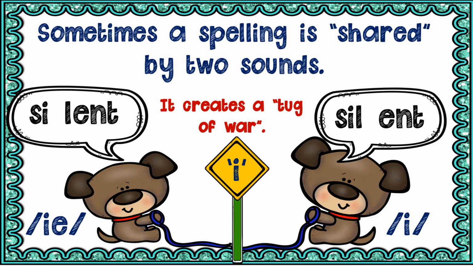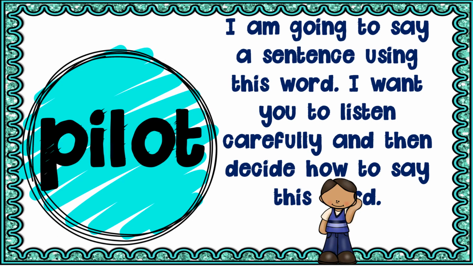Now, we've done this before where, like, look at the first sound in silent. Now, you can see the two different ways you could do this. Now, this is how we determine which one wins that tug of war. So this is how we figure out if it's a long or short I. Like in this word. Okay, so look at this word. I'm going to say a sentence using this word. I want you to listen carefully and then decide how to say this word.